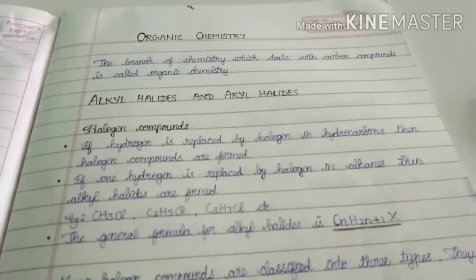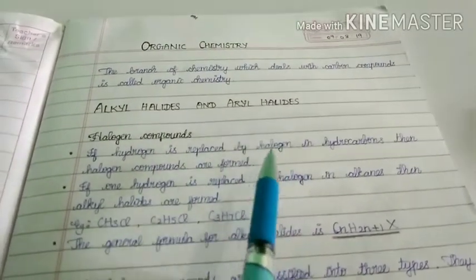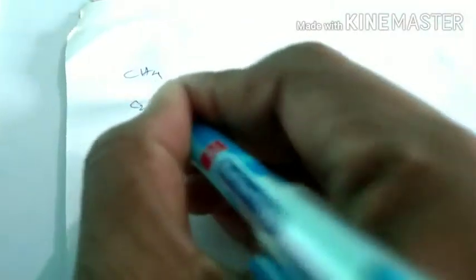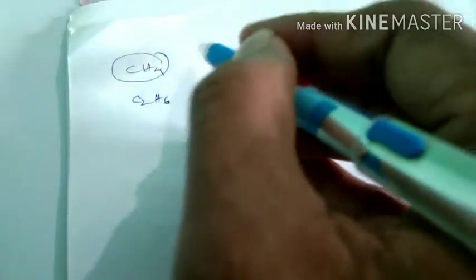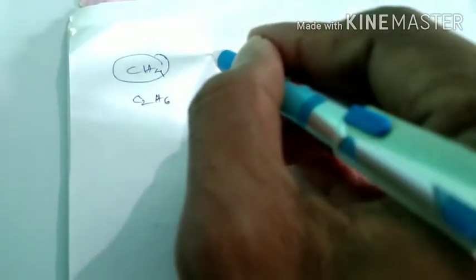Before discussing the definition of alkyl halides and aryl halides, I will discuss some points. See, CH4, we know this is called methane. C2H6 is called ethane. Suppose in this compound we remove one hydrogen, then CH4 becomes CH3.